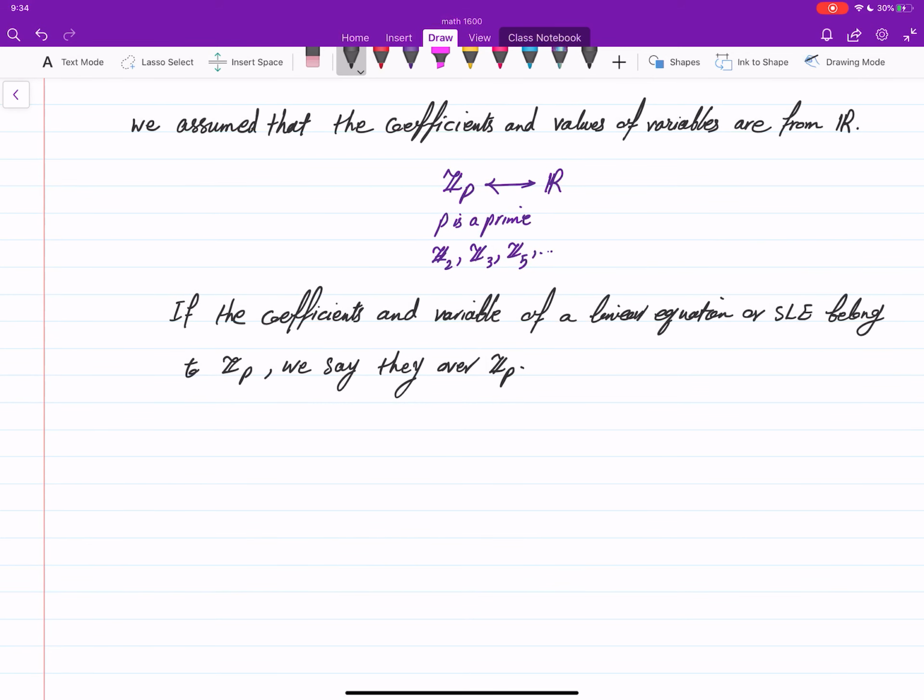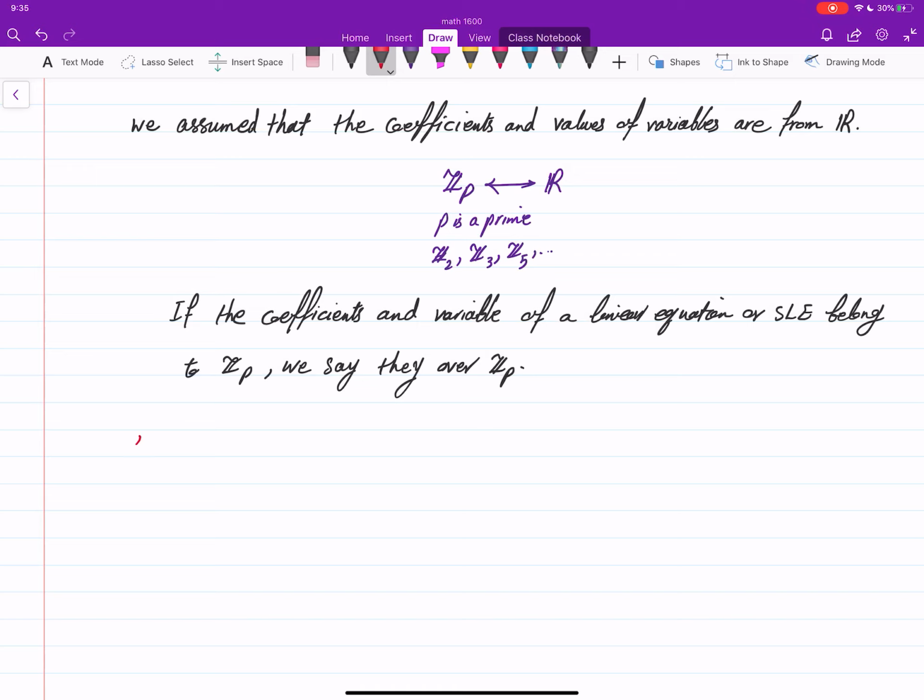Zp being finite always gives us an option of finding the solutions by just evaluating. The definition of solutions is exactly as before, but the number of solutions for coefficients coming from Zp is just finitely many. Zp to the power m has p to the power m elements.